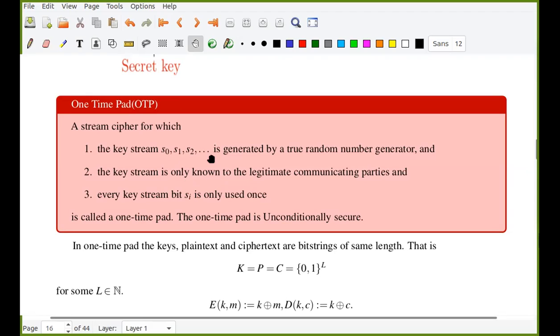But what are the problems here? A few questions to you. Is it symmetric or asymmetric first? It is symmetric. Second, what is the key size?